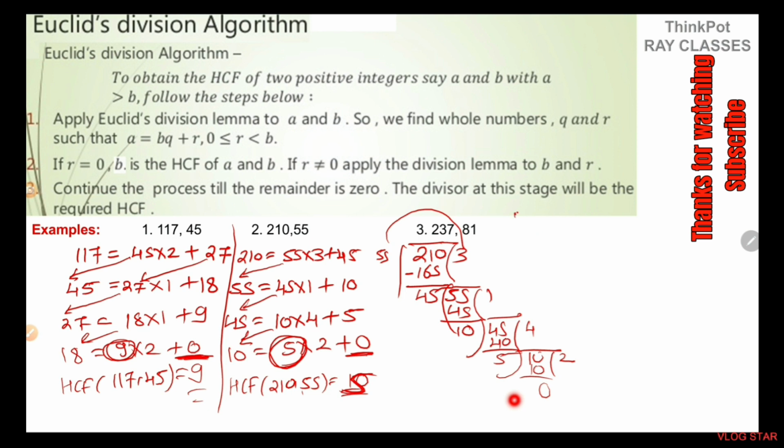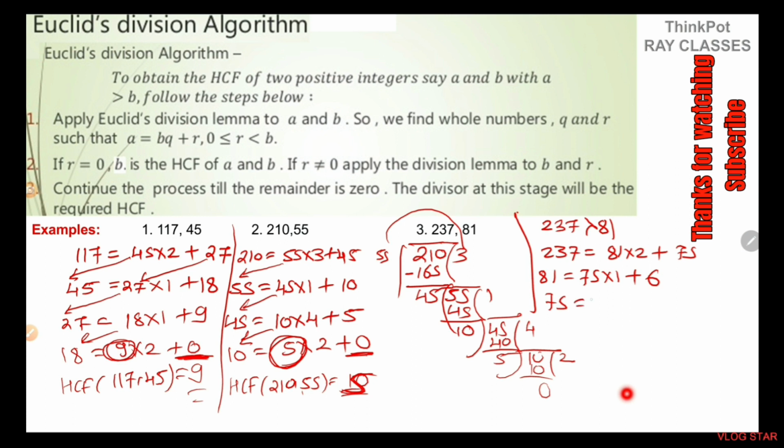The last example is 237, which is more than 81. If we keep on dividing, we can say 237 is equal to 81 into 2 plus remainder 75. Then 81 is equal to 75 into 1 plus remainder 6. Then we can take 75 is equal to 6 into 12 plus 3.